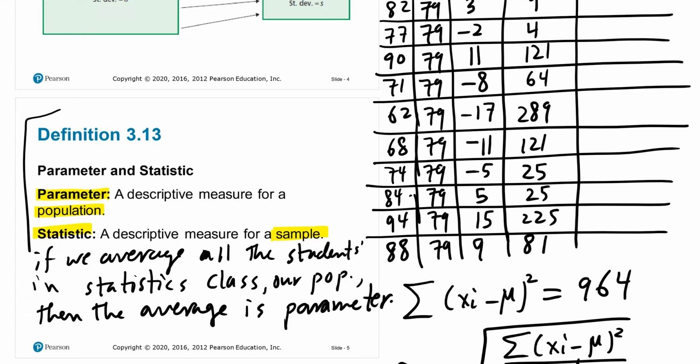If we do it for a simple random sample of, say, 5 people from all the classes, then that's called a statistic. Not statistics, there's no s at the end, just statistic.